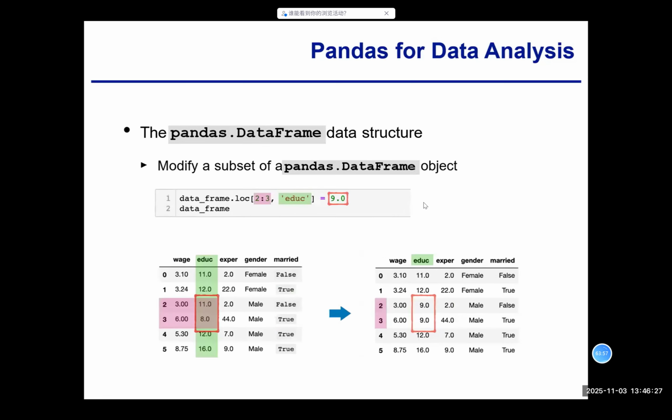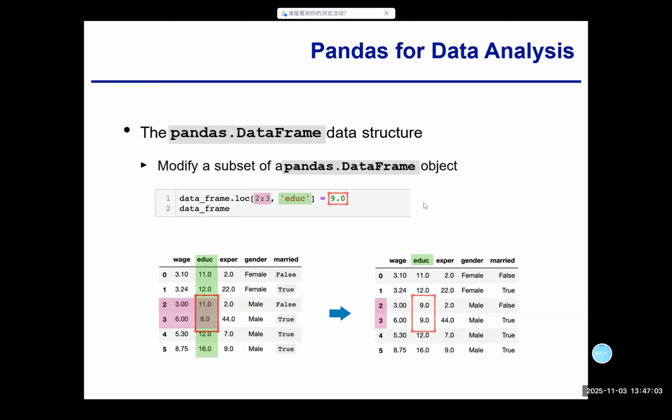Right? So let's continue. Once we have learned all the approaches to make certain references, we can locate or refer to any of the individual cells or any subset of the cells. So once we learn this, we can do the modification of values, updating the values, overwriting the values. They all mean the same thing. So for example, in this case, we are making the selection using loc of 2 to 3 and education. So let's take a closer look.